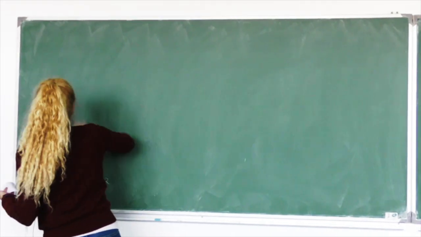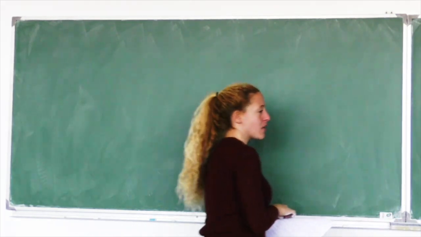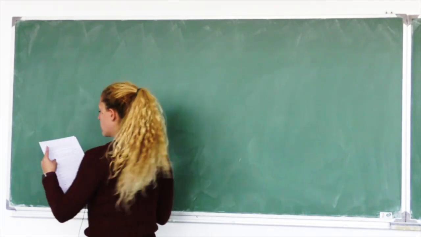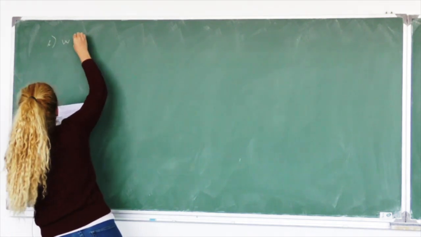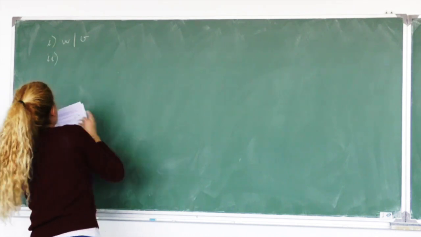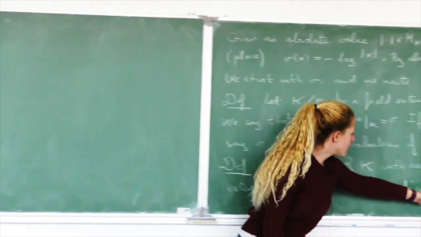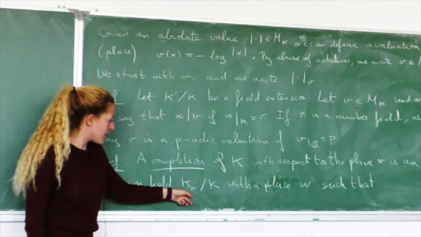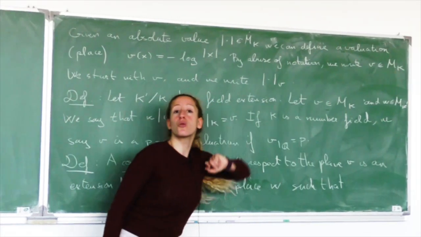The first one is the natural condition you are thinking about when we have an extension and two valuations. The first condition is that W divides B, meaning that the restriction of the valuation W in K hat V restricted to K is equal to the valuation that we started with.